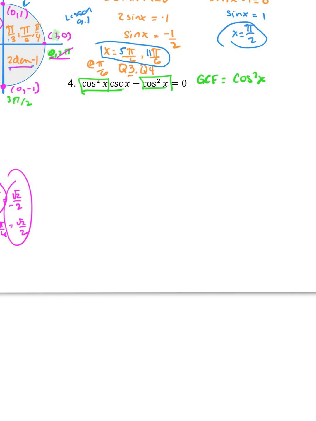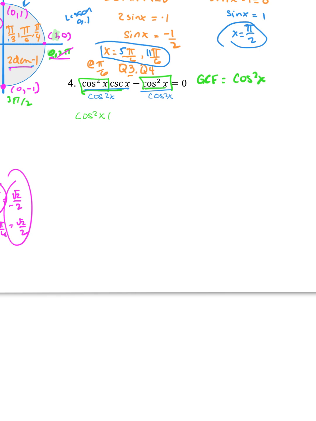Okay. So with that said, let's factor that out and then see what we use to find those values. Again, let me move this down a little bit. When I'm trying to factor out something, I'm going to divide everything by what I see. So up here, I'm dividing by this.